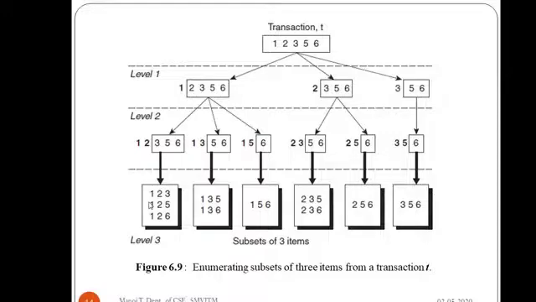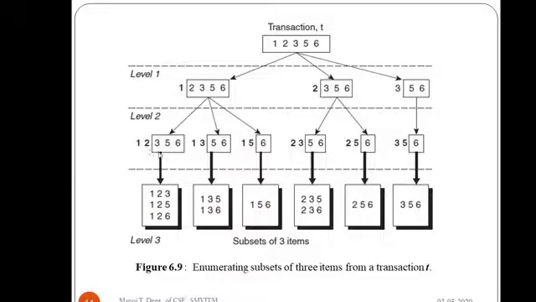Why can we do it like this? See, 1, 2 is in the lexicographic, or ascending, order we have considered here. What are the possible choices? From 3, 5, 6, I can have 3 along with 1, 2, or 5 with 1, 2, or 6 with 1, 2.